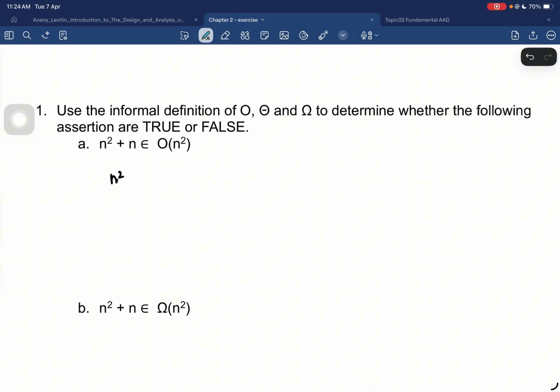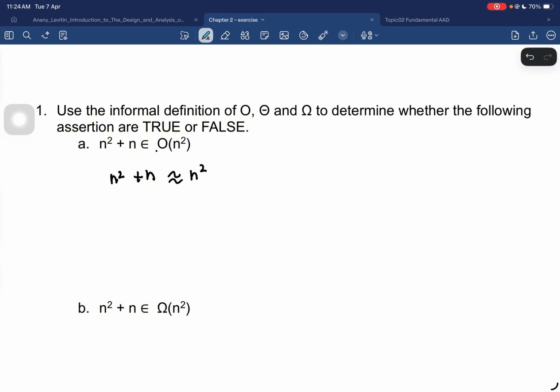Between n square plus n, which one is more dominant? n square is more dominant, so we choose n square, because n square is more than n when n goes to infinity. Next, we compare the group.